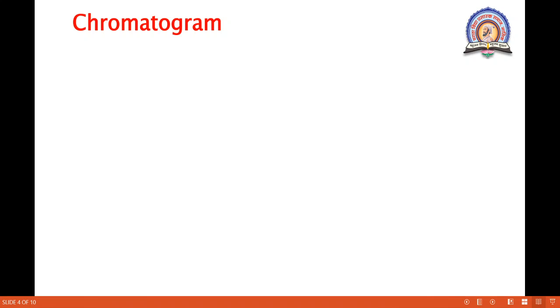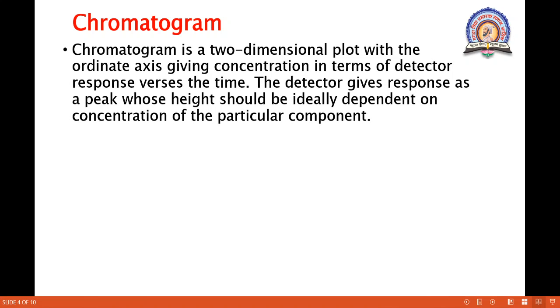In other words, it is a graphical representation of detector response versus time. This chromatogram is a two-dimensional plot with the ordinate axis giving the concentration in terms of detector response versus time.